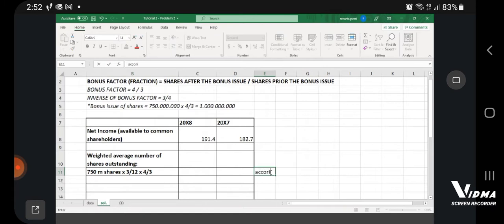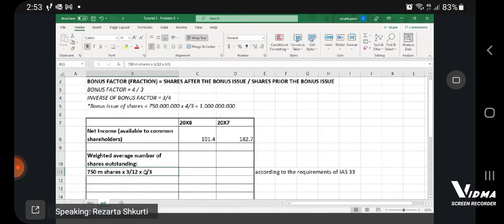According to the requirements of IAS 33, we are assuming that this starting amount of shares, which does not include the bonus issue, is multiplied by the bonus factor to reflect the increase in the number of shares.